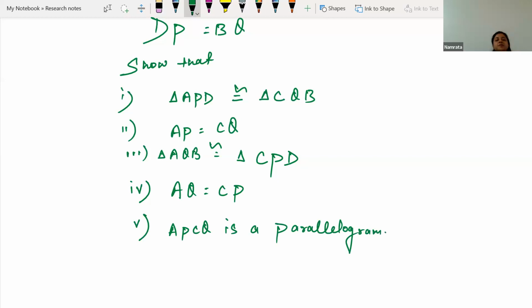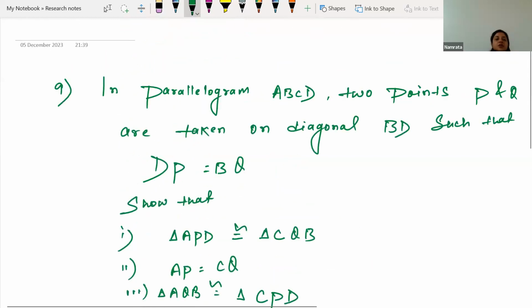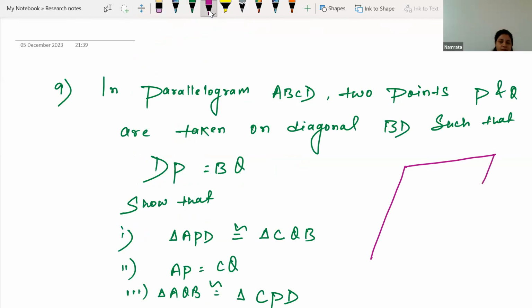Let's do it. Let me draw the figure which is already given in the question itself.